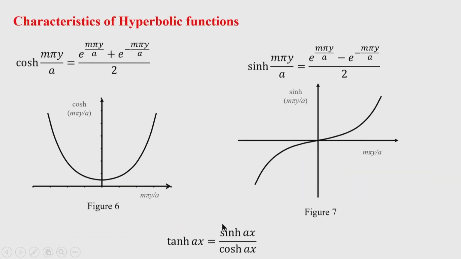Now, let me show you the characteristics of the hyperbolic function, how it looks. You can see cosh(m pi y / a) or cosh(n pi x / b), whatever we encounter in the complete solution of the Levy method, so we have to deal with this function.